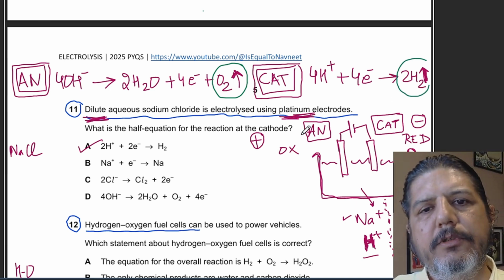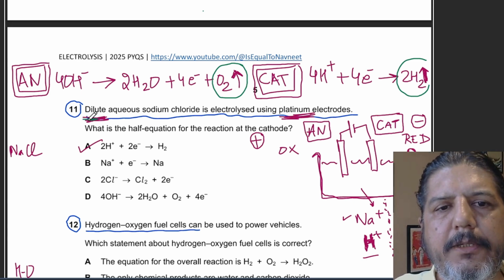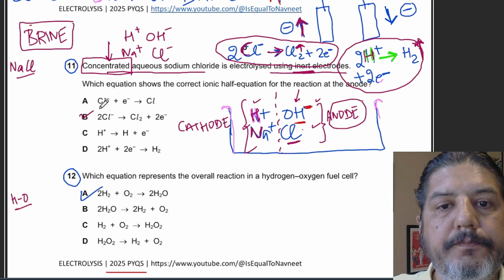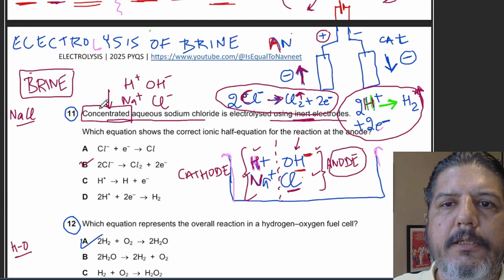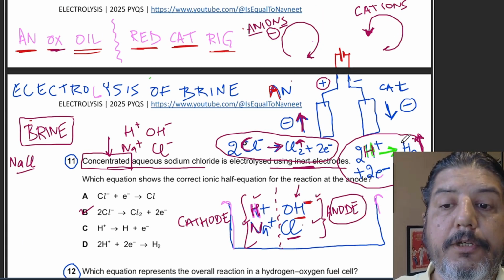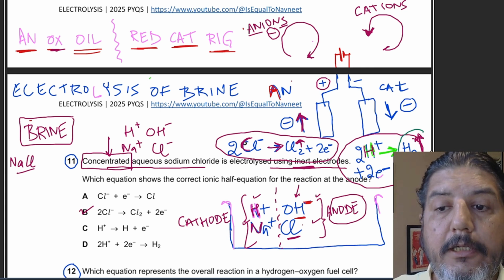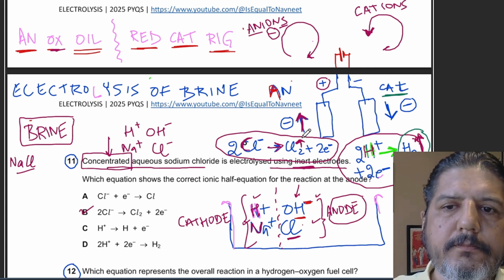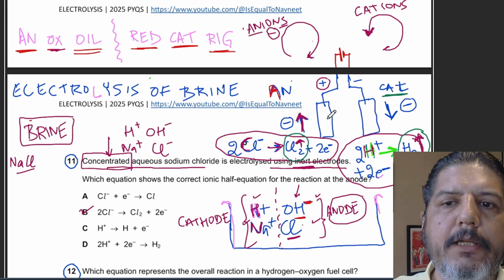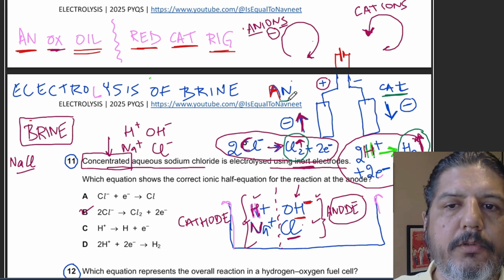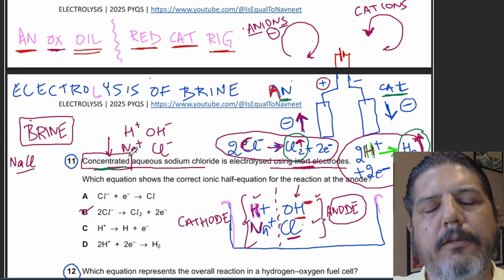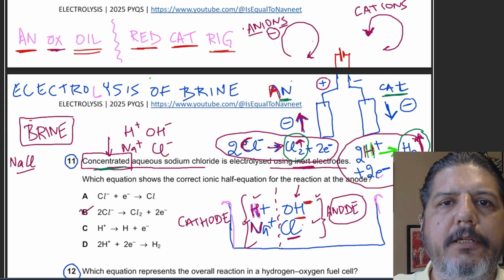Just to compare this with what we had done earlier. If I compare this dilute one with the concentrated one, here we had hydrogen which was liberated at the cathode, and we had chlorine which was liberated at the anode. And of course, this was a case of concentrated NaCl using inert electrodes.